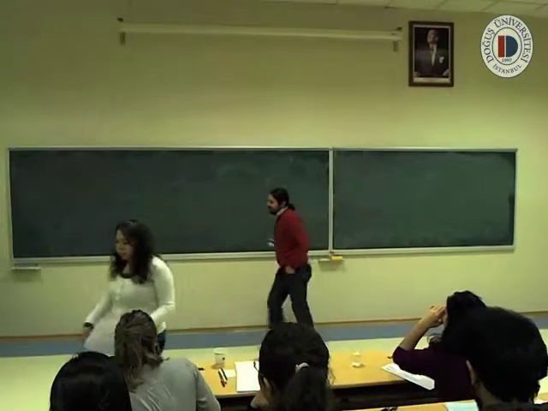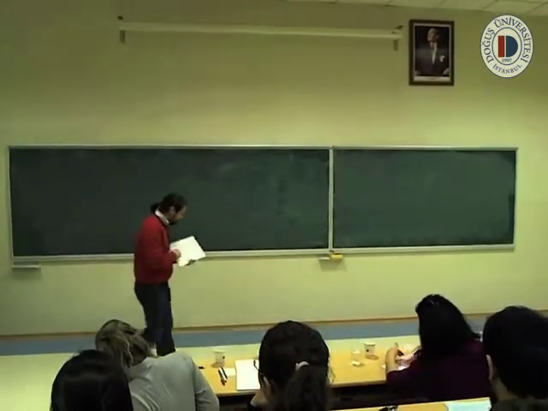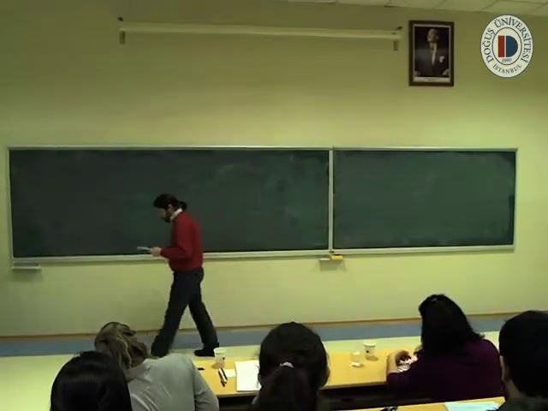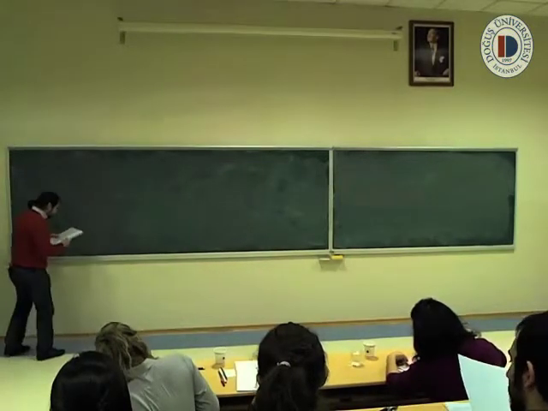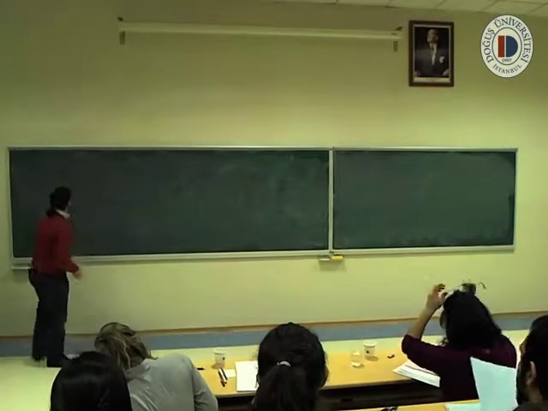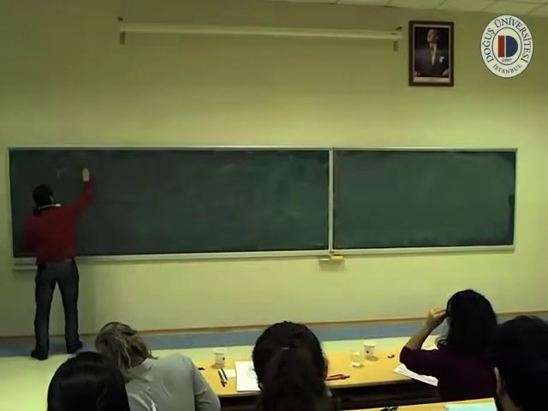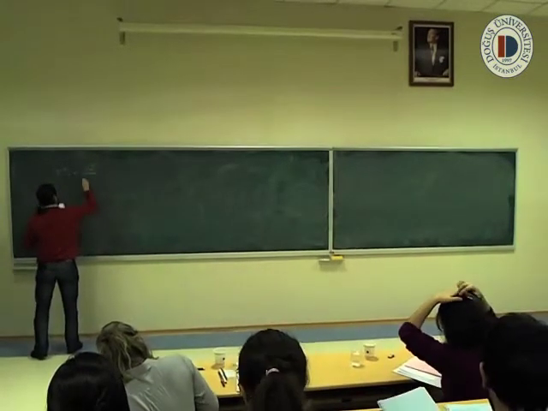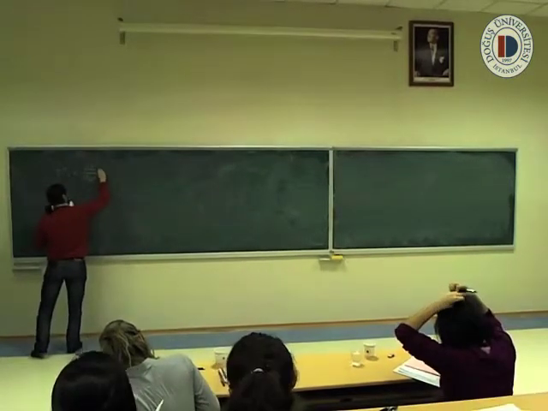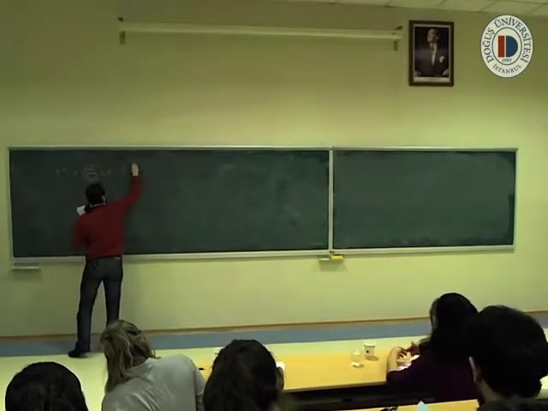Okay, let's proceed then. There is one thing I promised but didn't tell you, and you didn't ask me. I told you I'm going to tell you what T_mu nu is, also called the energy momentum tensor. Let me remind you what T_mu nu is. The definition was this.